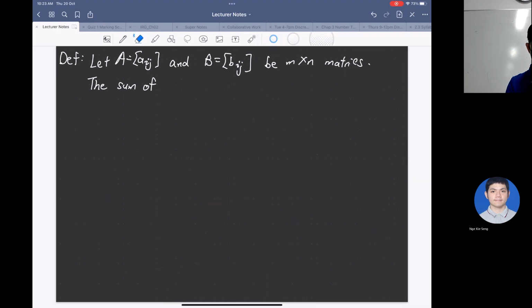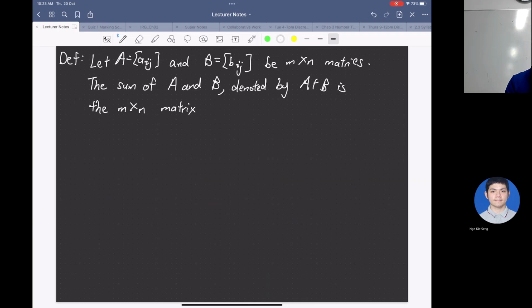The sum of A and B is the m by n matrix such that, element-wise, it is Aij plus Bij.